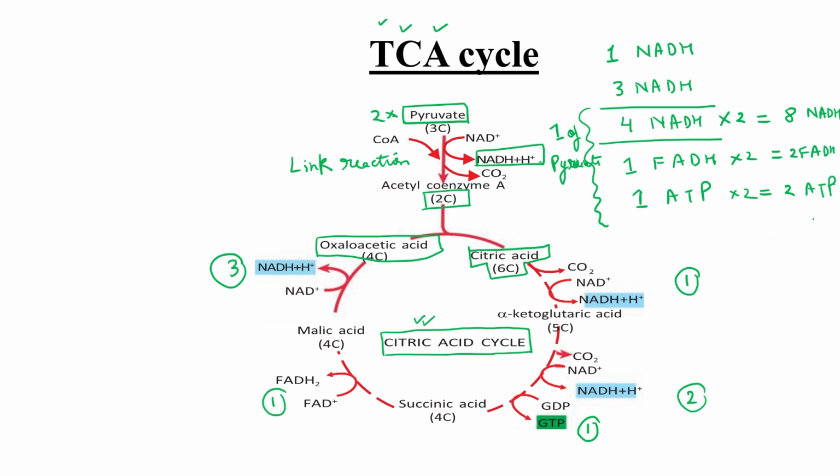Correct? Okay, so this is the total calculation of NADH, FADH and ATP generated during the citric acid cycle and link reaction, both, or within, we can say, the mitochondria.